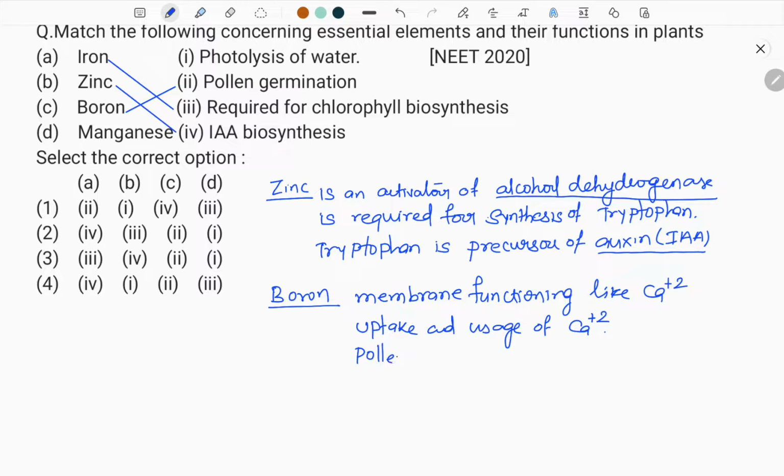Yes, we know that boron causes carbohydrate translocation, that is sugar translocation, and the germination of pollen requires carbohydrates on the stigma. So after successful pollen-pistil interaction, boron causes pollen germination by causing the transportation of sugars to the stigma where pollen germinates.